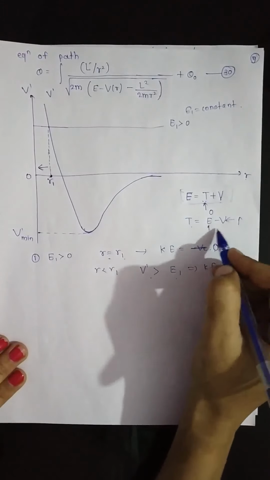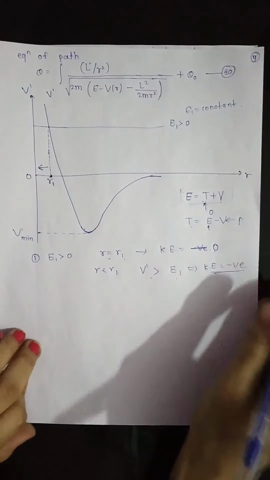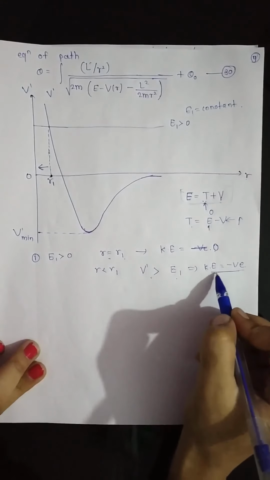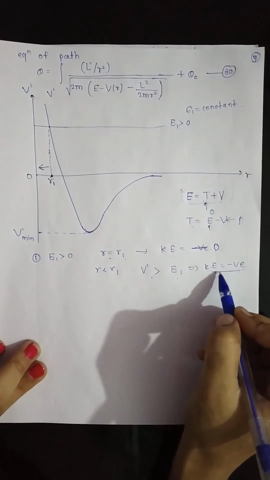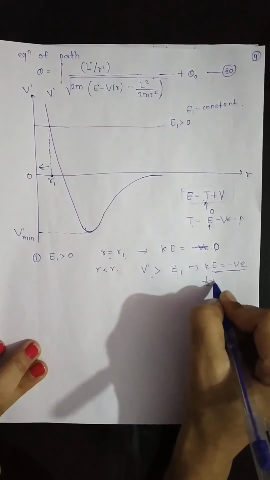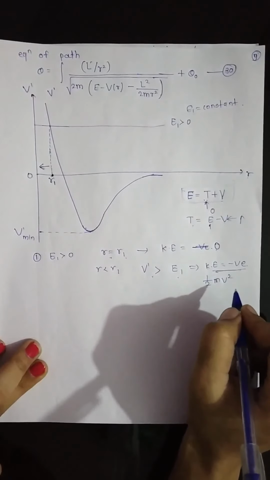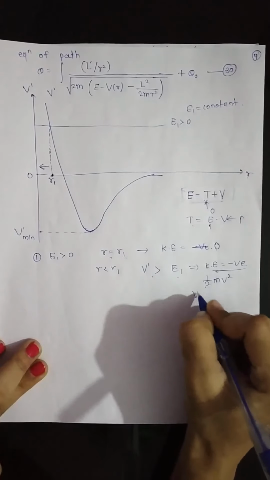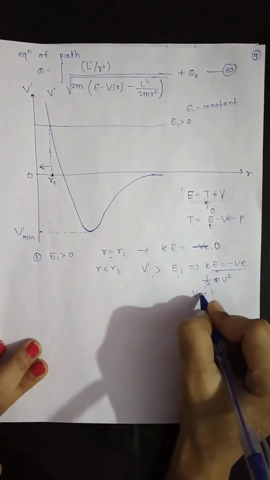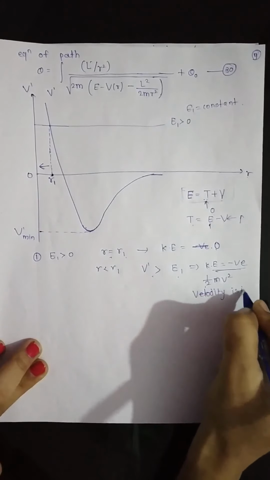This difference will become negative. So this is the supporting reason for kinetic energy becoming negative. And since kinetic energy, half m v square, is negative, the corresponding velocity of the particle will be imaginary.